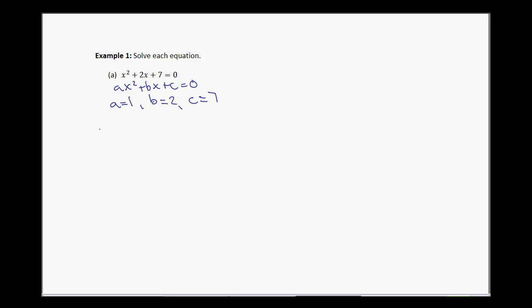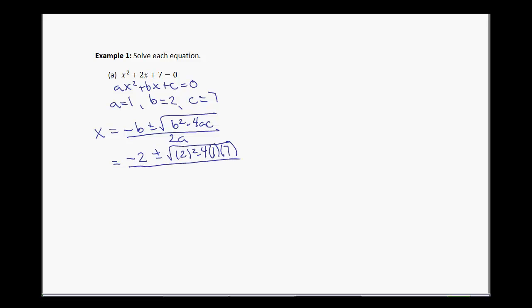Now when we plug into our quadratic formula, x equals negative b plus or minus the square root of b squared minus 4ac divided by 2a, we use what we have for a, b, and c. Let's plug in. x equals negative 2 plus or minus the square root of 2 squared minus 4 times 1 times 7, all divided by 2 times 1.